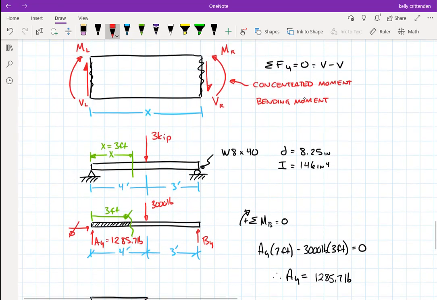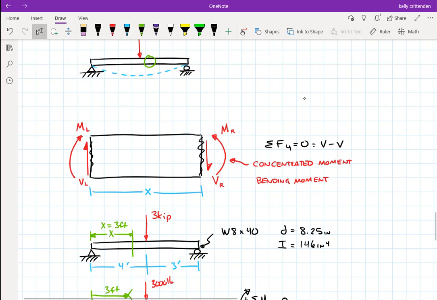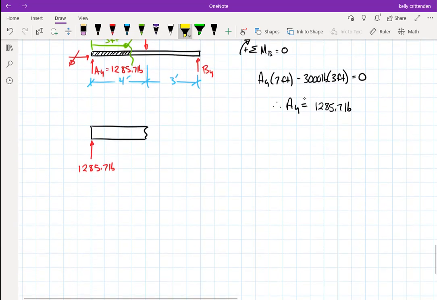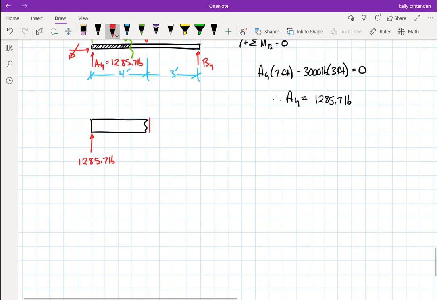So I have to go back here and use this set. I cut the right-hand side. I'm looking at the right-hand side of a little piece of this beam, and I said on those sides, the shear force goes down and the bending moment goes counterclockwise. So I'll just put that there must be some shear force, V, and some bending moment, M. Now, this thing might be in equilibrium.